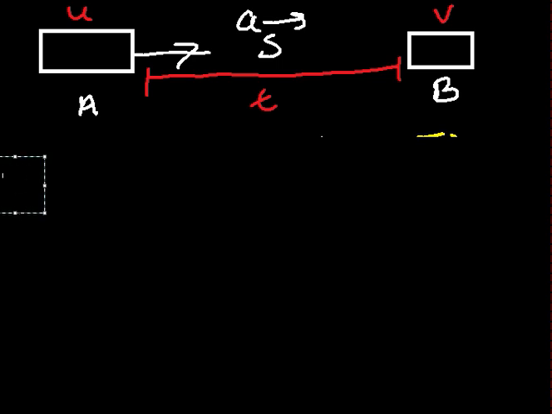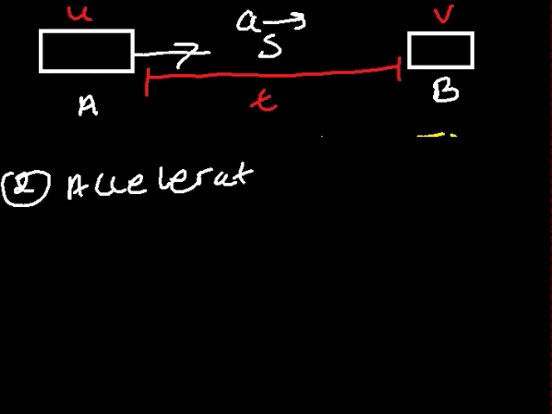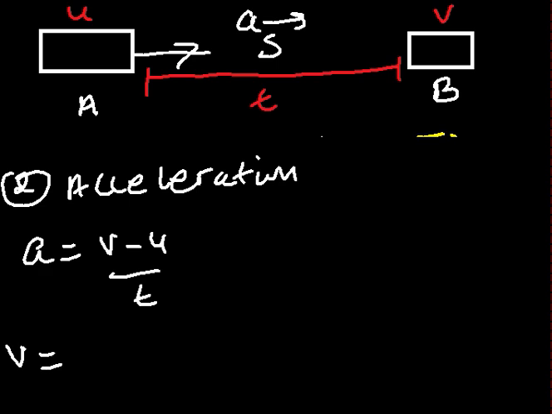And now another formula is what we call the acceleration formula. You should understand that wherever there is a change in the speed or the velocity, there is acceleration. And the acceleration is given as v minus u divided by t. Let's make v the subject, to have the final velocity equal to at plus u.